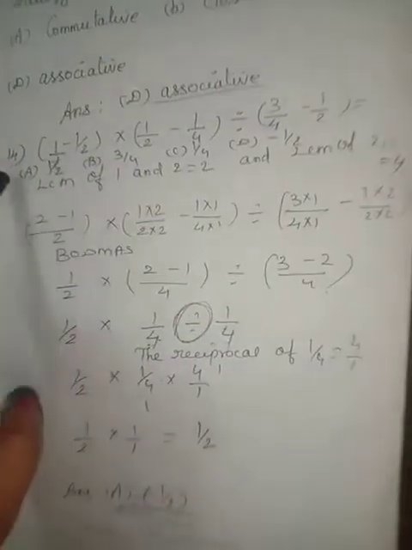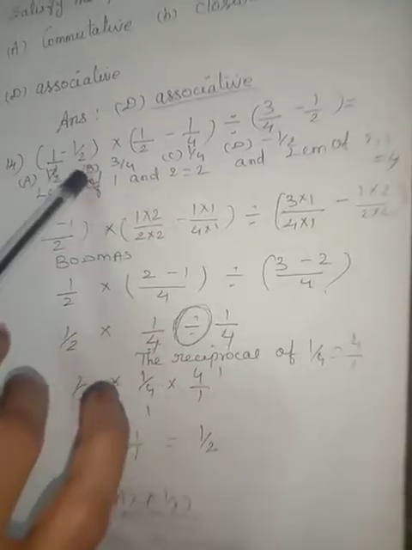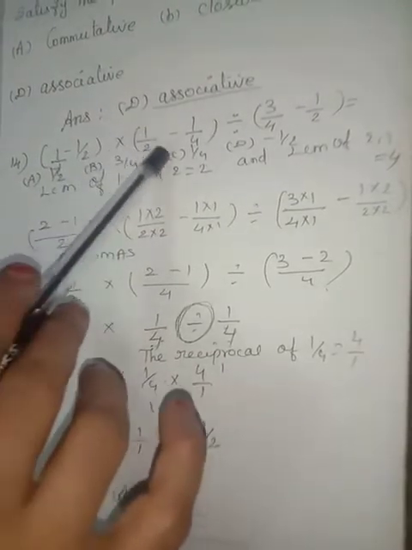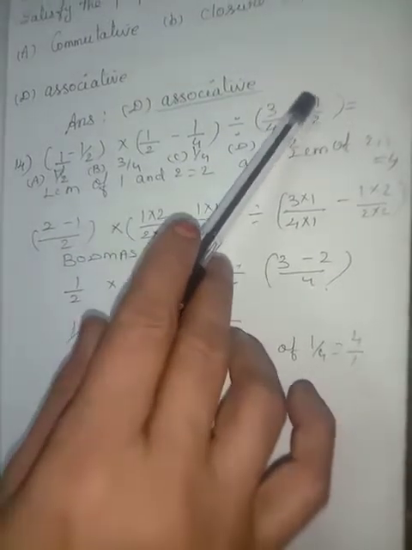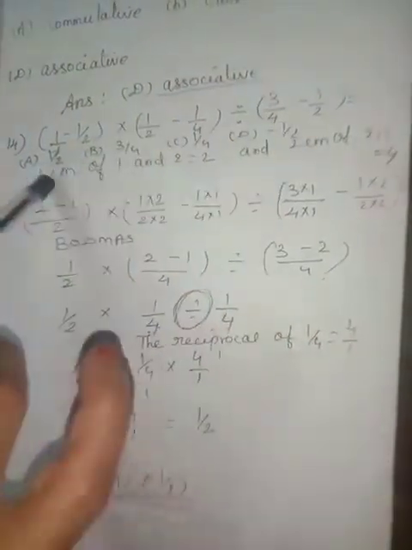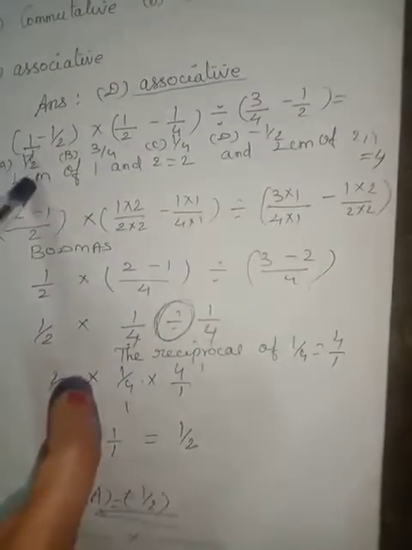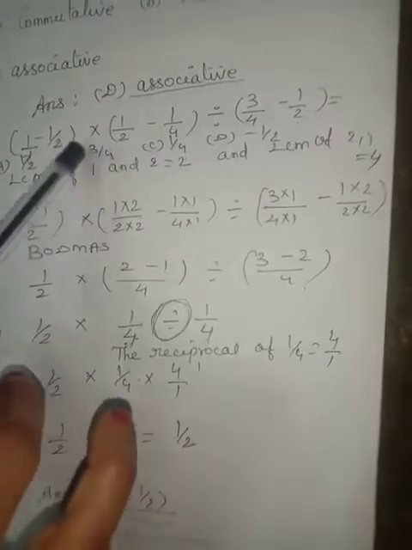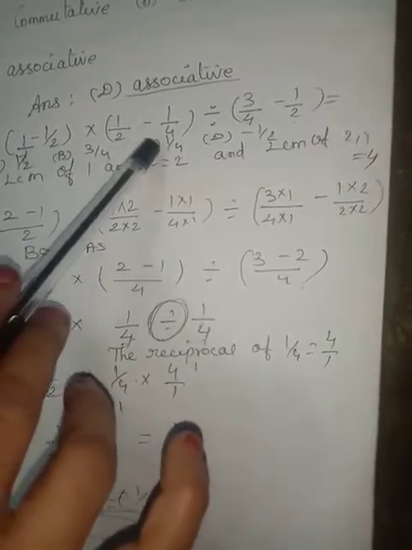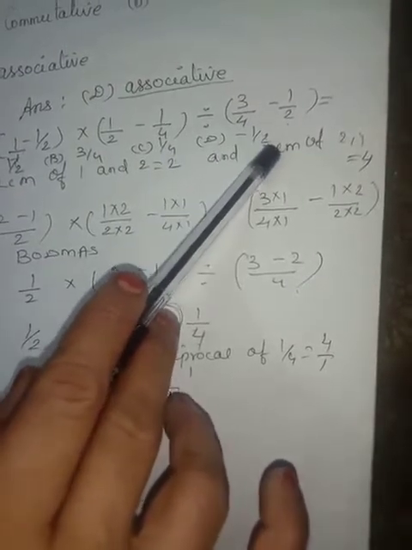The final 14th one, 1 minus 1 by 2 into 1 by 2 minus 1 by 4 divided by 3 by 4 minus 1 by 2. Here they are given four options. Option A is 1 by 2, option B is 3 by 4, option C is 1 by 4, option D is minus 1 by 2.